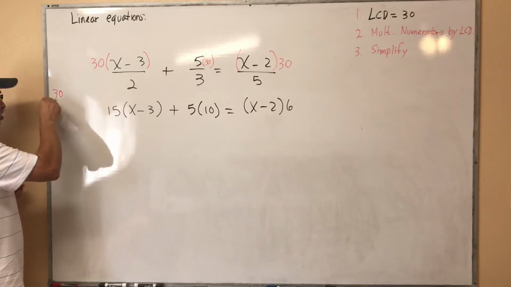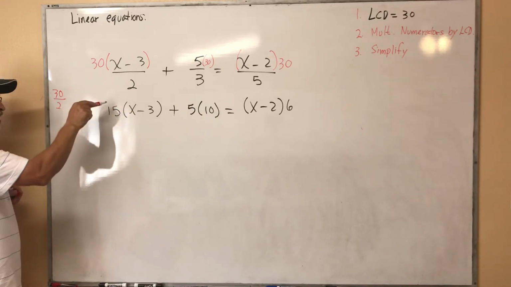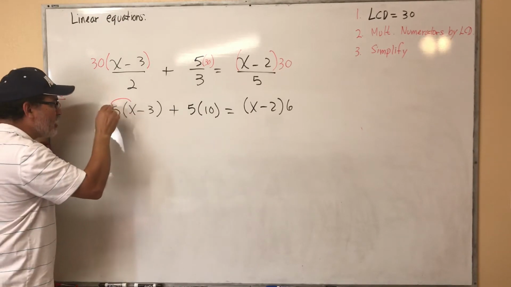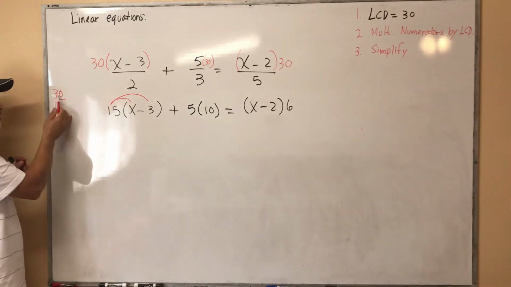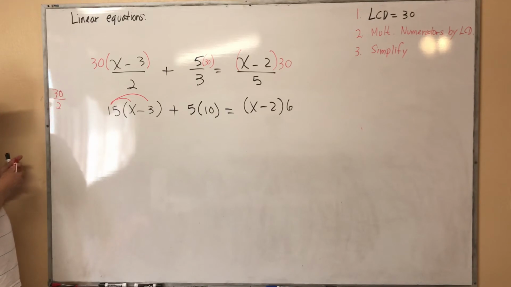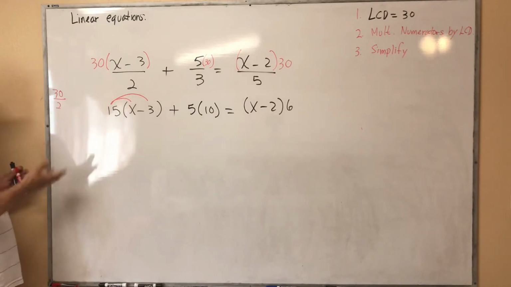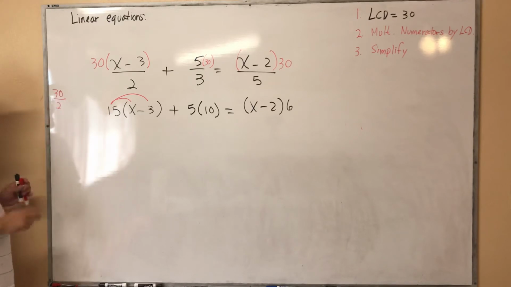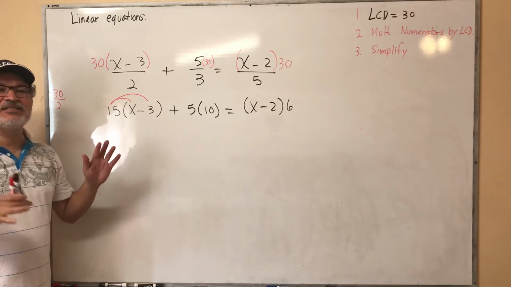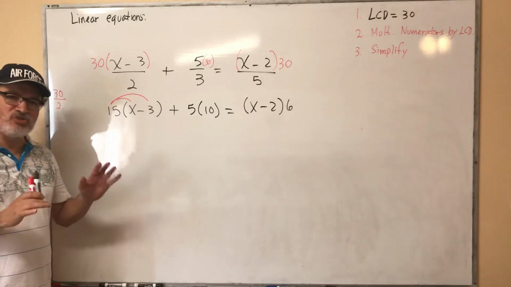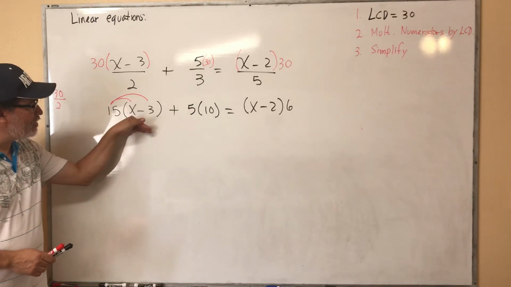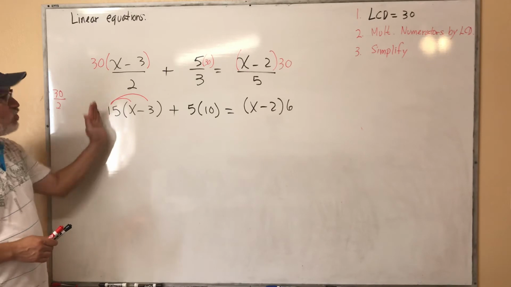The 30 over 2 is distributed, and that's 15. Everybody's being distributed into parentheses, except you don't do that until the equation is simplified or in its due time. Okay, distribute. 15 goes inside, which means 30 and 2 go inside.